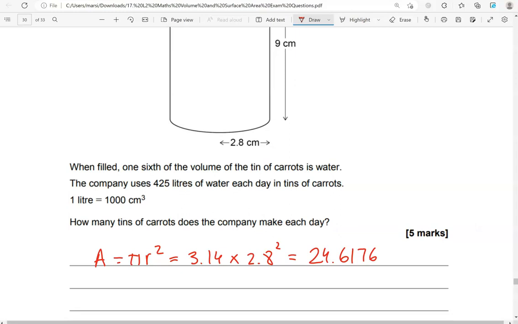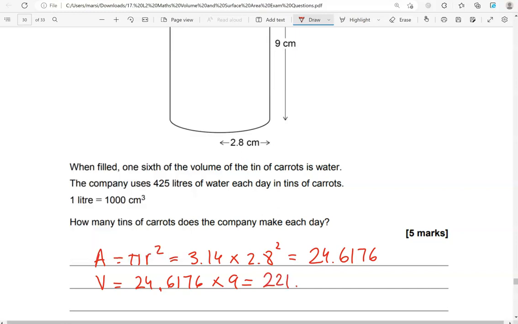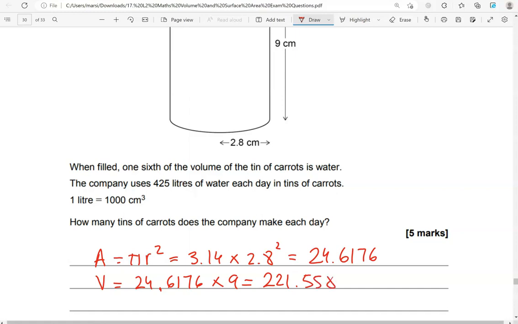So we'll multiply that by the height to work out the volume, which gives us 221.5584 cubic centimeters.